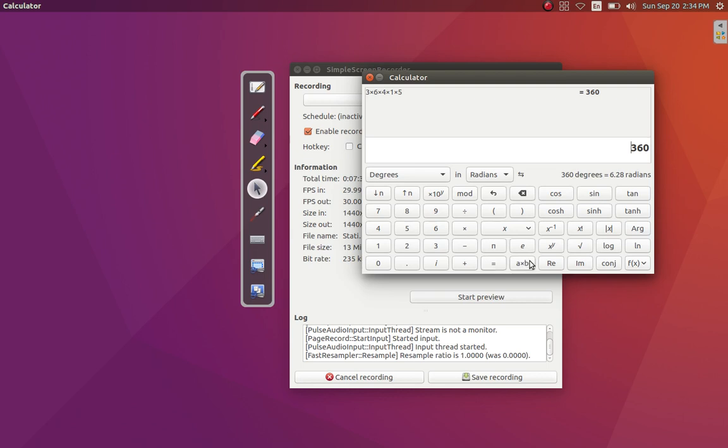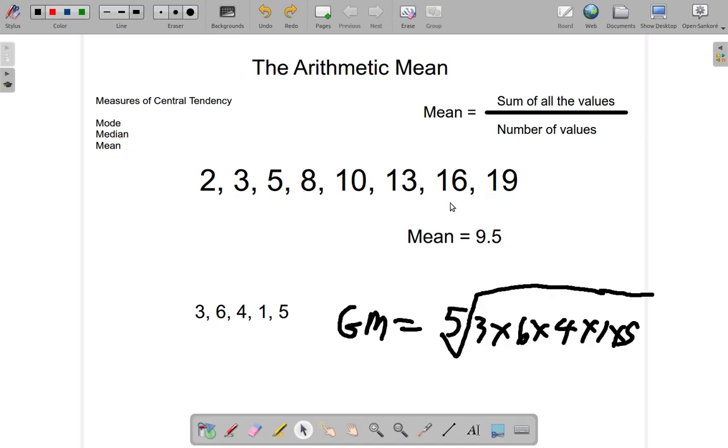And then the fifth root. I don't see the fifth root here, but you can raise it to the power of 1/5. It's the same thing as finding the fifth root. 360 to the power of, open bracket, 1/5, close bracket, equals 3.245. Let's just call it 3.2.